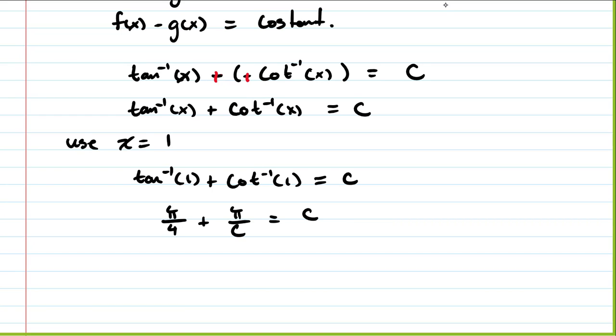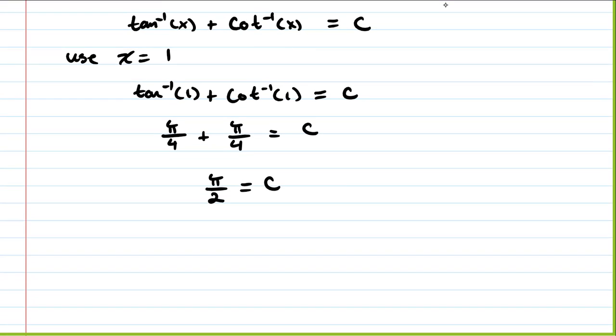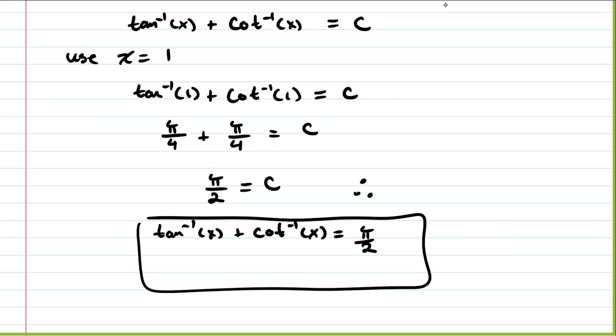So pi over 4 plus pi over 4 is 2 pi over 4, which is pi over 2, is equal to c. Therefore, the inverse tangent of x plus the inverse cotangent of x has to equal pi over 2. And our identity is proved.